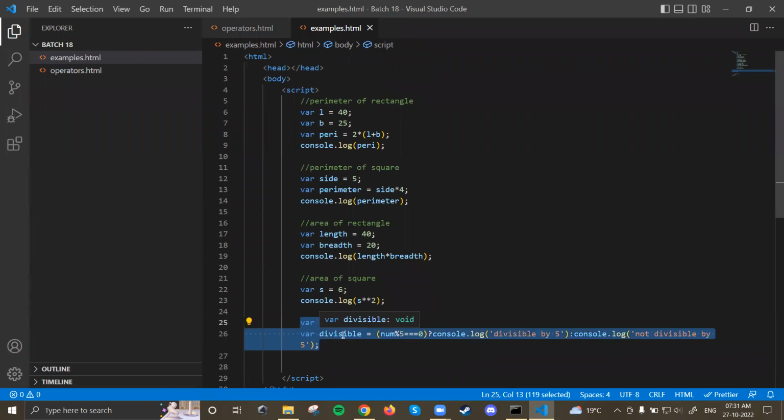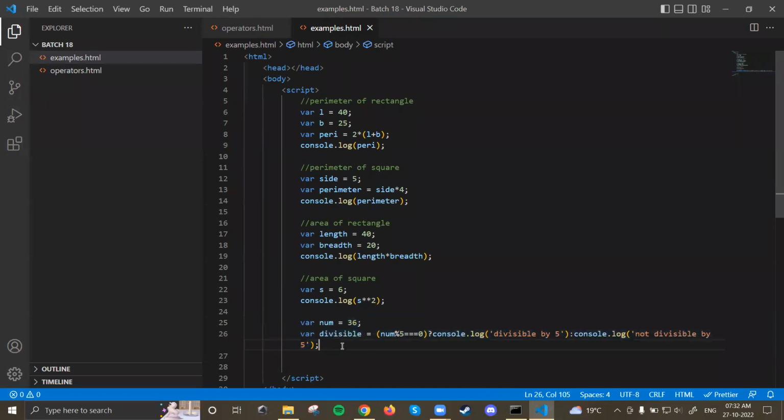Even numbers are divisible by 2, sir. And odd numbers are? Sorry? So even numbers are divisible by 2 and odd numbers are not divisible by 2.